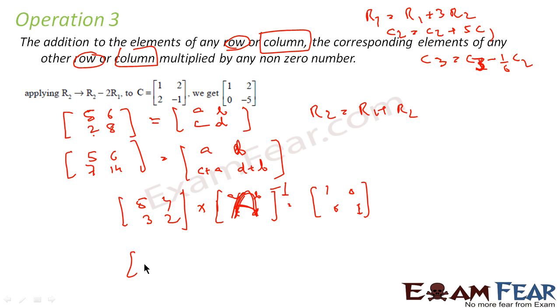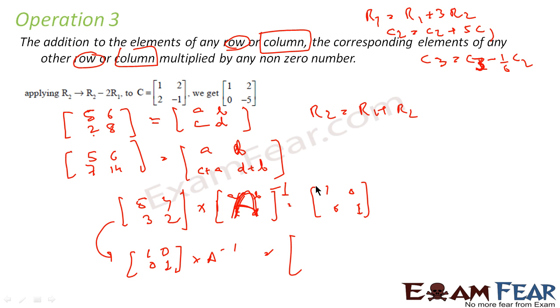These numbers, somehow I can make it 1, 0, 0, 1. Correct? So I have converted this to this form by using all the operations. Maybe I can say divide this row by 5, so this becomes 1. Then I subtract, using operations, and make it this form.